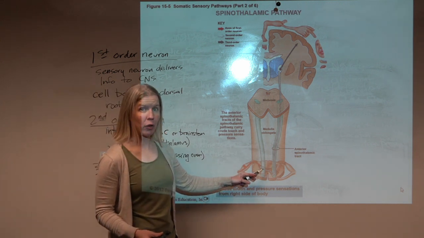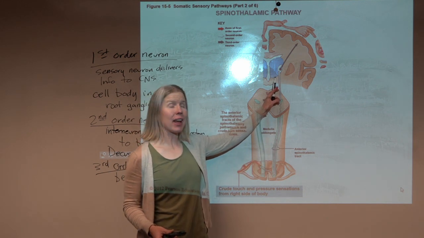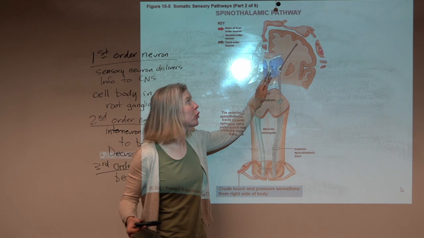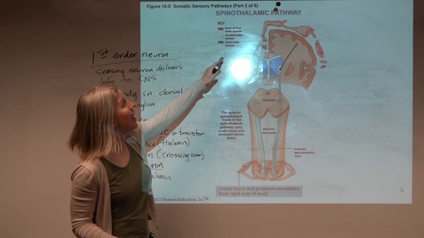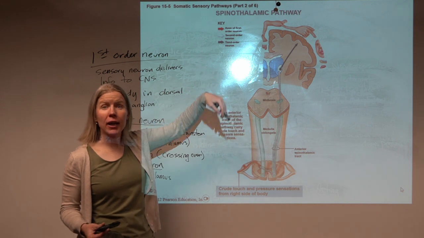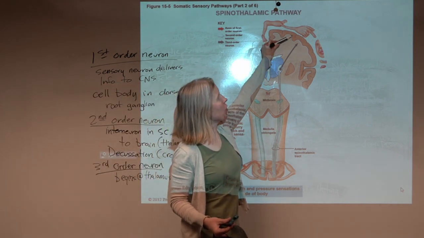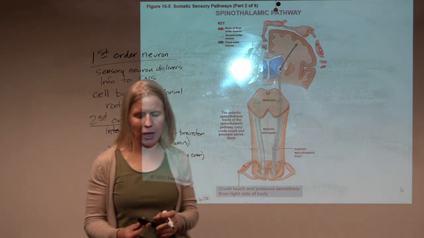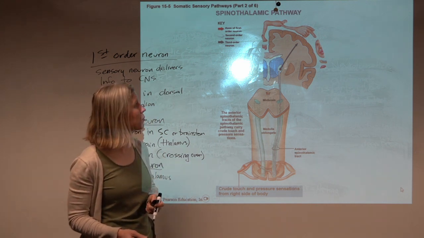First order neuron into the spinal cord. This is the one I was drawing on. Second order neuron carrying that information to the thalamus, right? The thalamus is that big sensory filter for what makes it via a third order neuron out to the cortex. And again, here's that sensory homunculus, that the brain interprets where the information is from based on where it lands on the cortex. So you don't want the wiring to get crossed here.